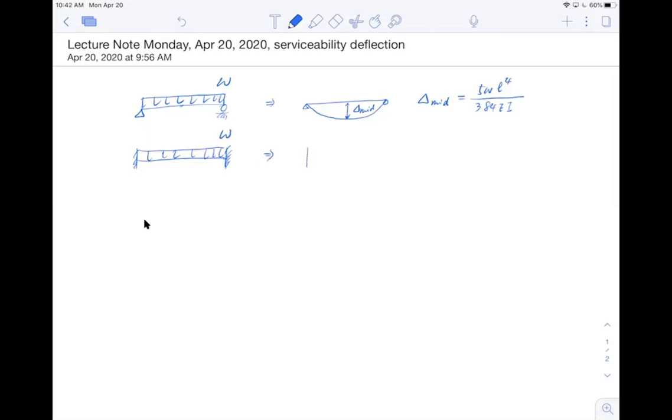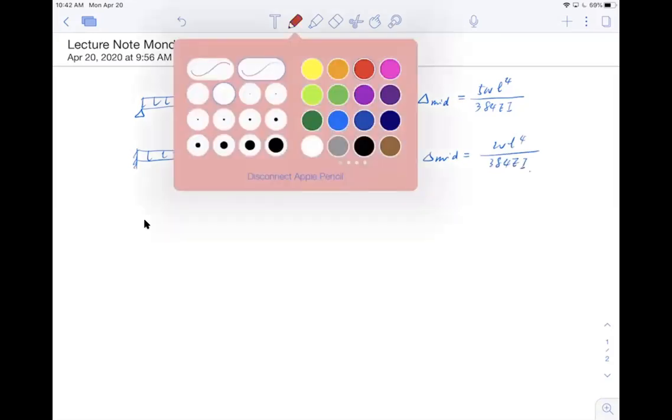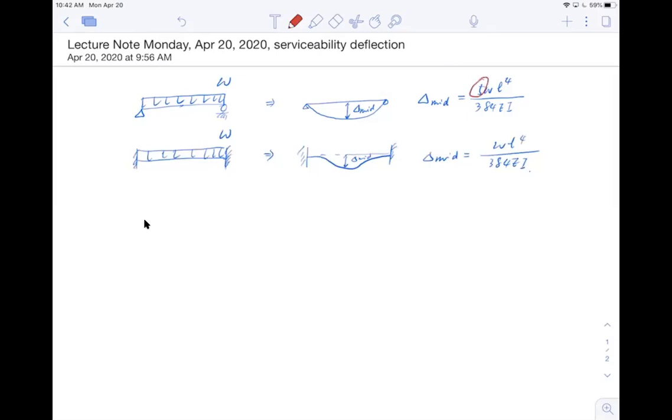The midspan deflection in this case is omega L to the power of 4 divided by 384 EI. You notice that this is 5 times bigger than that.